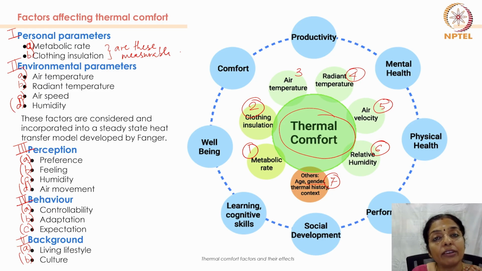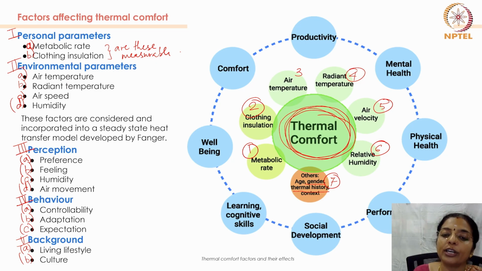Gender: women feel differently compared to men in the same atmosphere. Thermal history: what is your context? From where are you coming? Are you coming from a hot, dry place like Rajasthan or from a wet and humid place like Cherrapunji? All these factors influence thermal comfort.